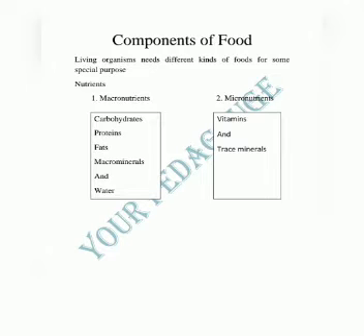Macronutrients are those needed in large amounts in our body, for example carbohydrates, proteins, fats, macrominerals, and water. And then micronutrients. Micronutrients are those needed in small amounts, that is vitamins and trace minerals.